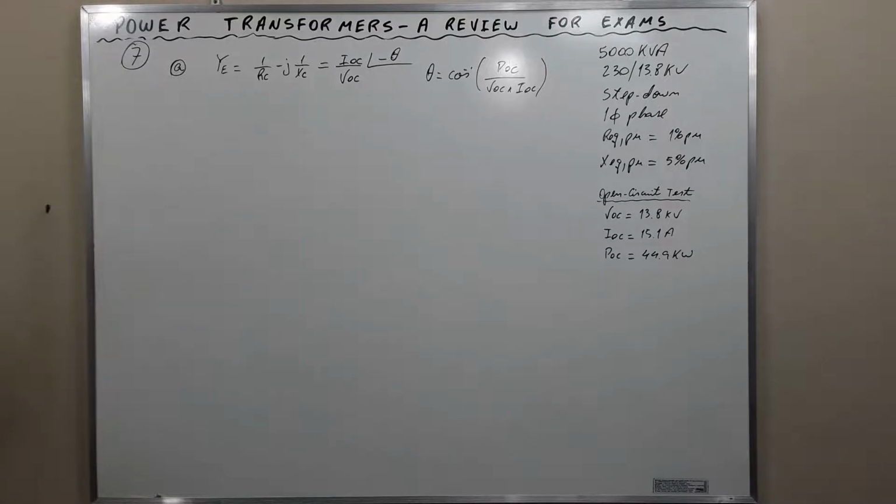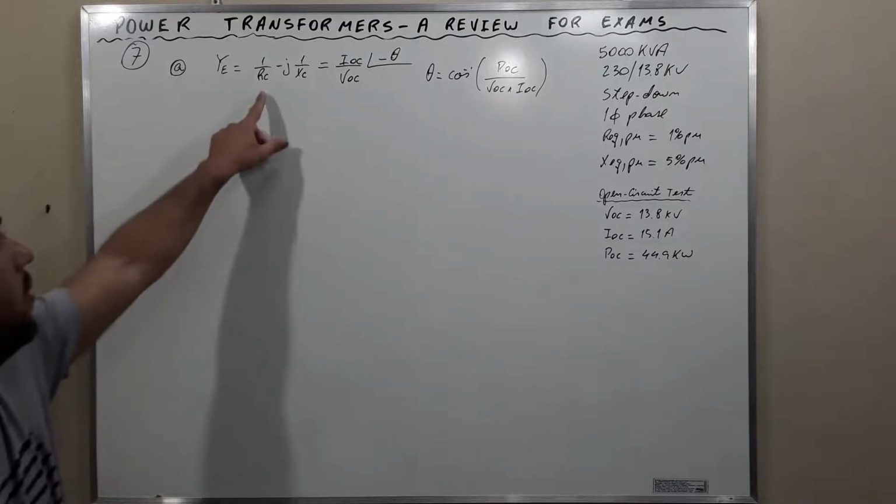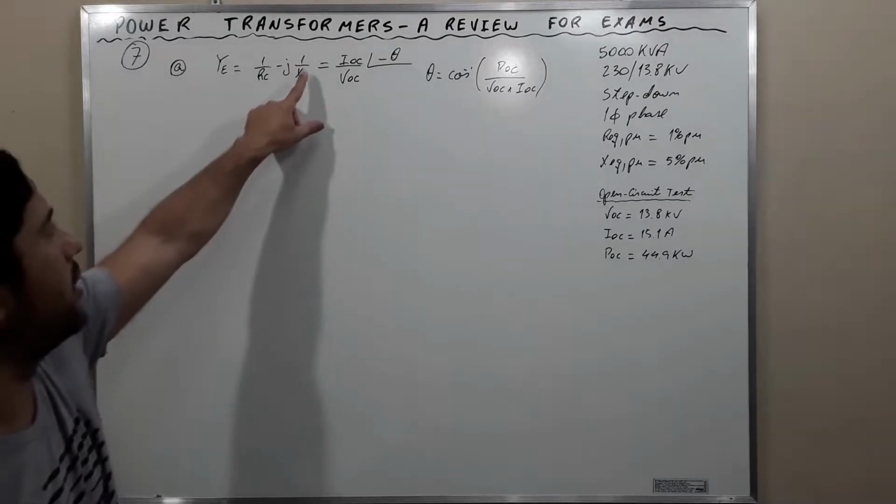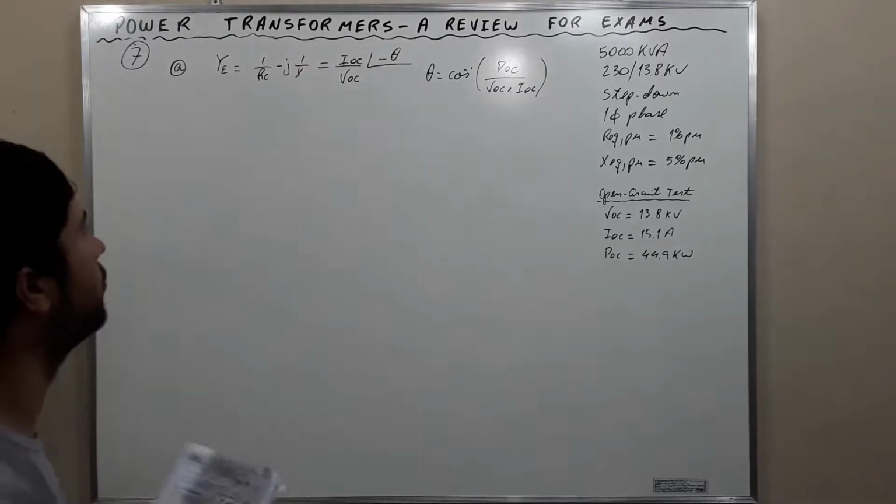And with the excitation admittance, we can find the magnetization components here. Here it is XM, not XC.